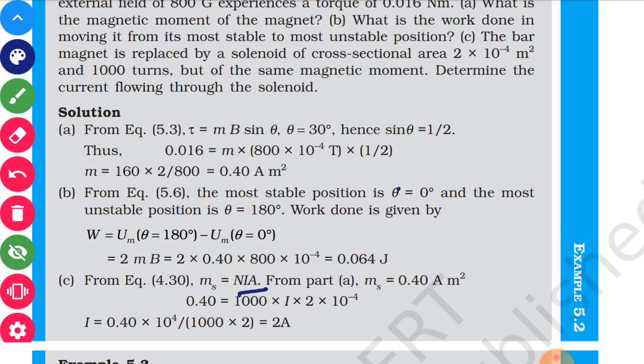Just we have to place the values. The solenoid is having the same magnetic moment, that is 0.4 ampere meter square. We just have to find the value of I by making it the subject of the formula. Then it is 2 ampere.